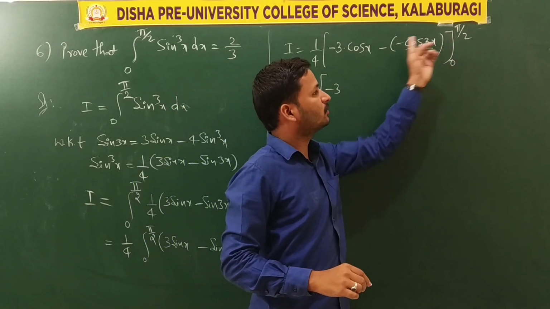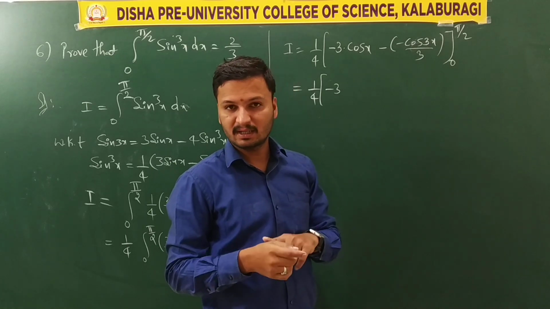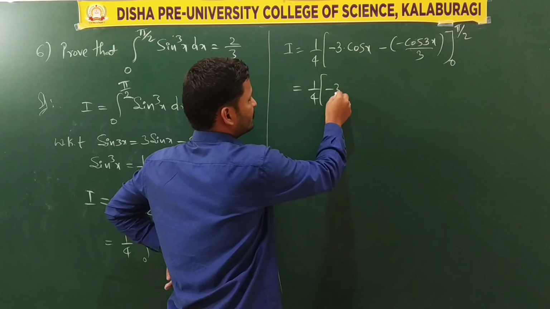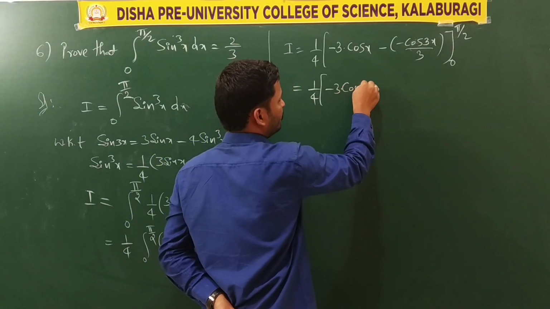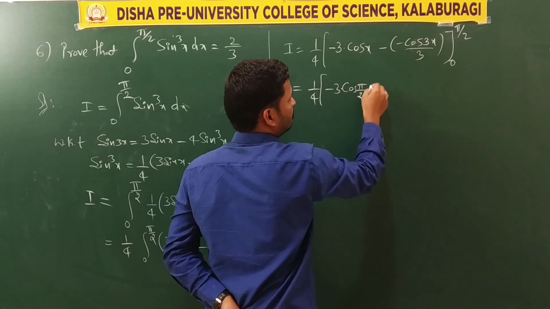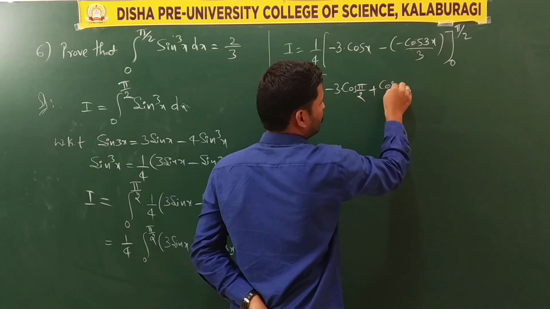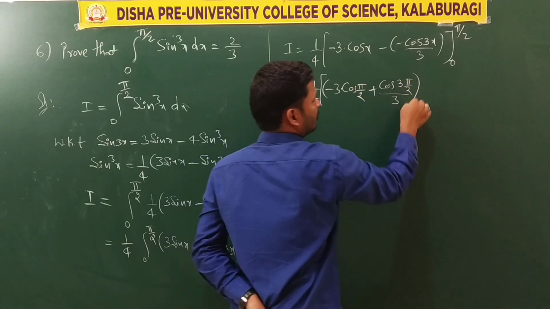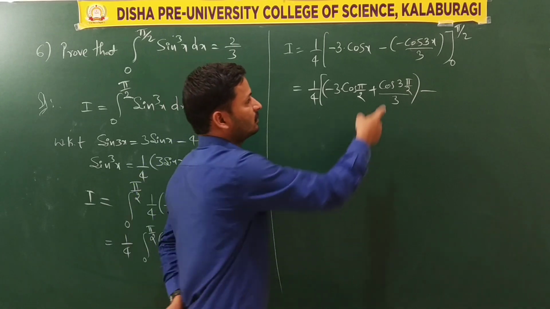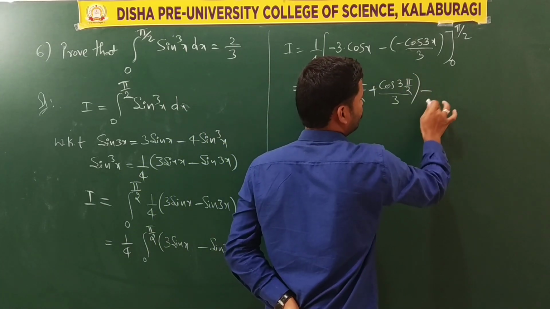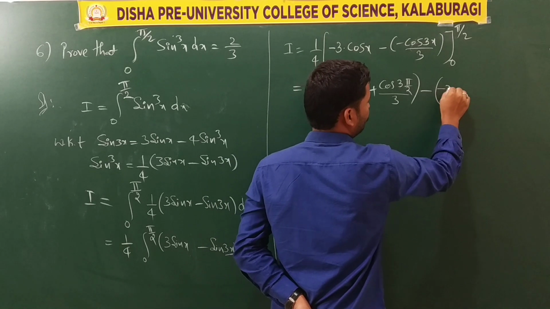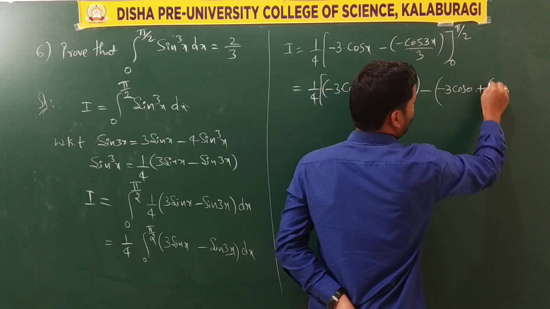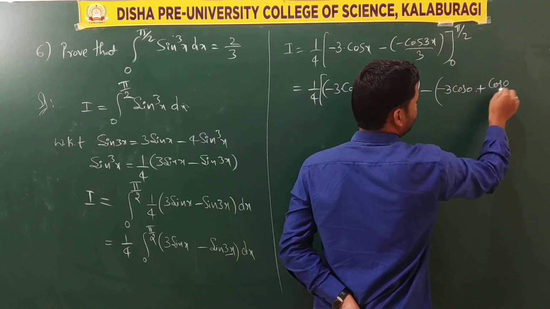Now substitute the upper limit and lower limit, by using the fundamental theorem of calculus. In place of x, first put the upper limit pi by 2. That is minus 3 into cos of pi by 2, minus of minus plus cos of 3 into pi by 2, divided by 3. Next, in this expression substitute the lower limit 0: minus 3 into cos 0, minus of minus plus cos of 3 into 0, that is cos 0, divided by 3.